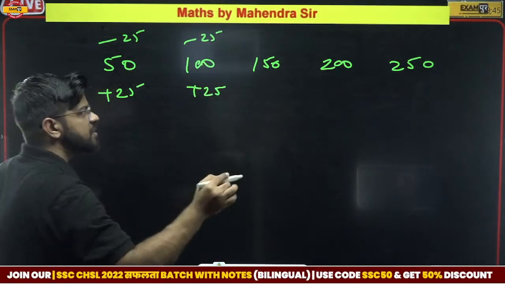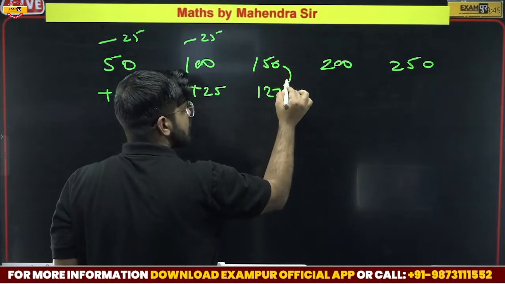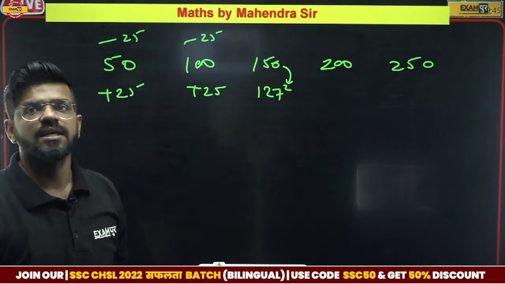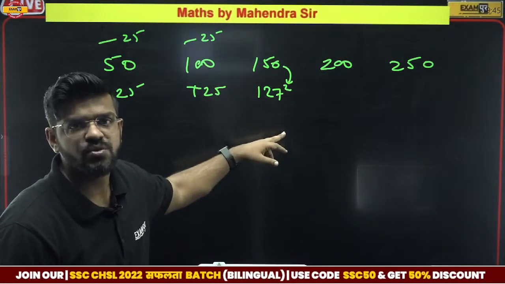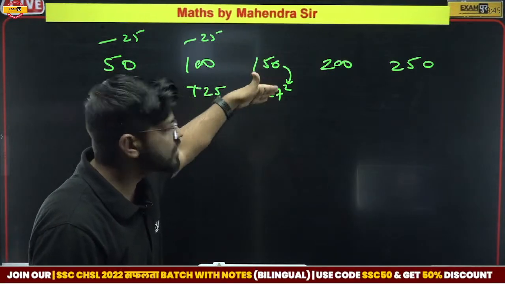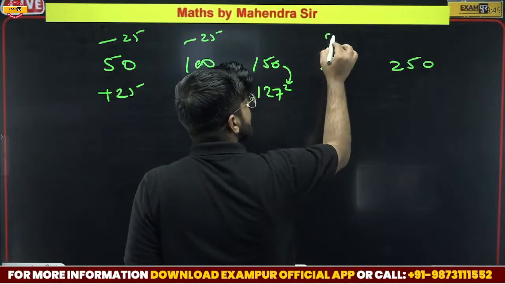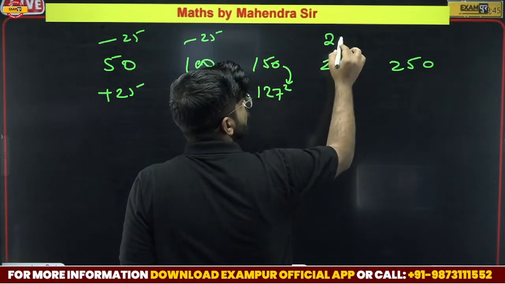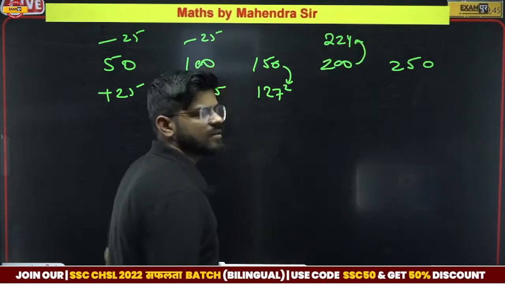What does it mean? If I have to calculate 127 square, I have to see how much less than 150 it is. If I have to calculate the square of 224, I have to see how much more than 200 it is.